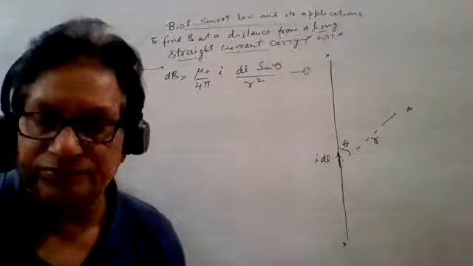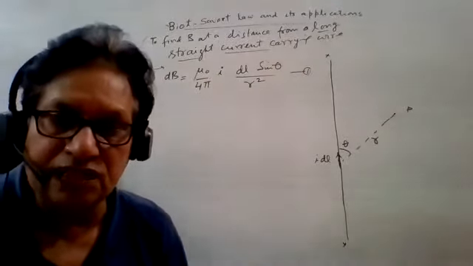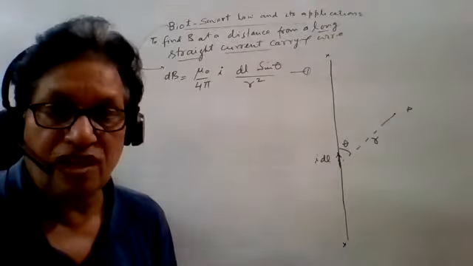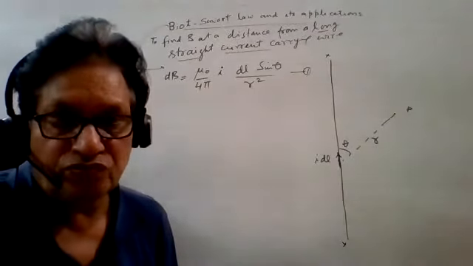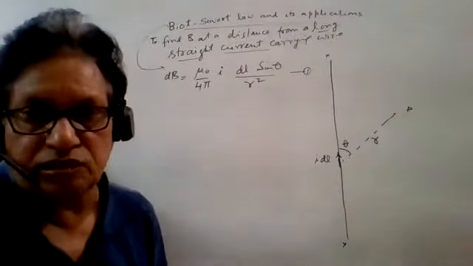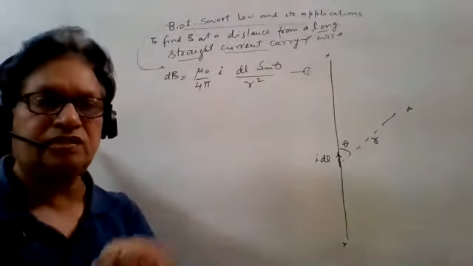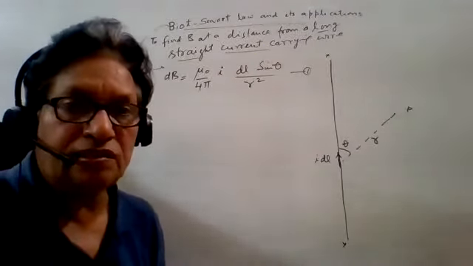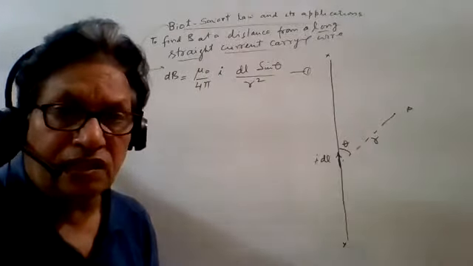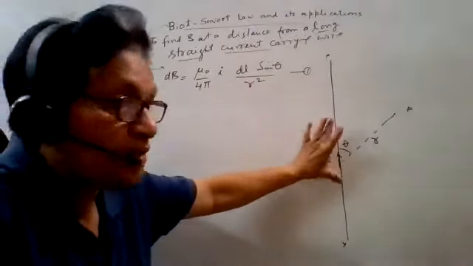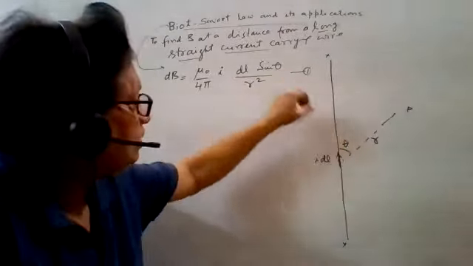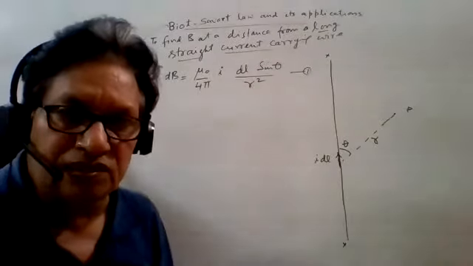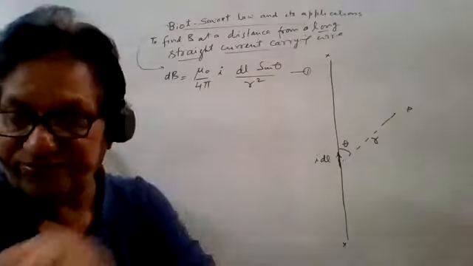I am confused here because we can integrate with a single variable. There are three variables. So what to do? You convert three variables into a single variable in such a way that you can easily integrate. Got the point? How many variables are there? dl is a variable, maybe large or small. Theta is also variable, it depends on the position of P. r is also variable, depends on the position of P. So there are three variables.